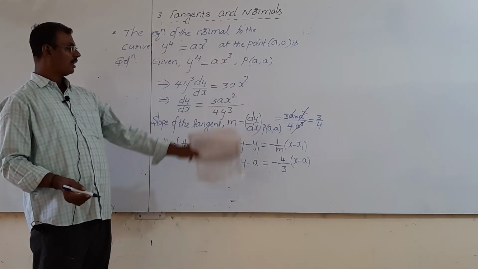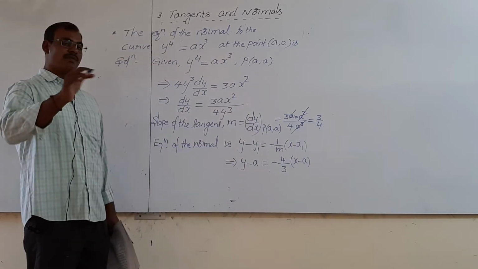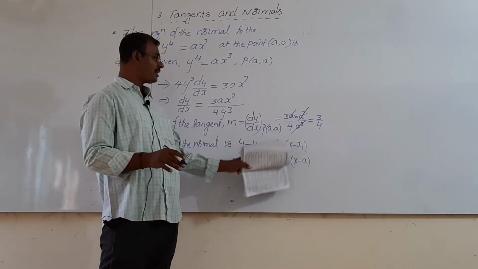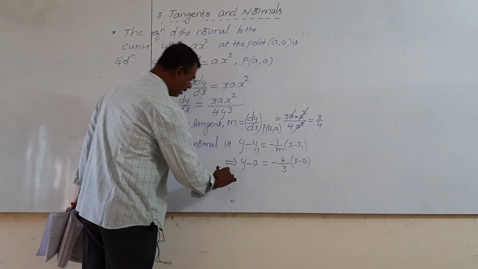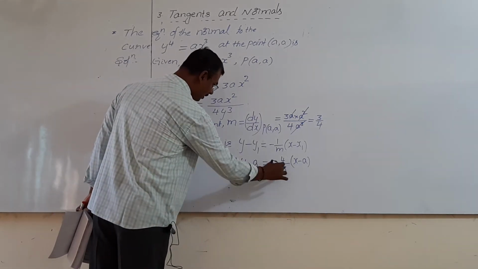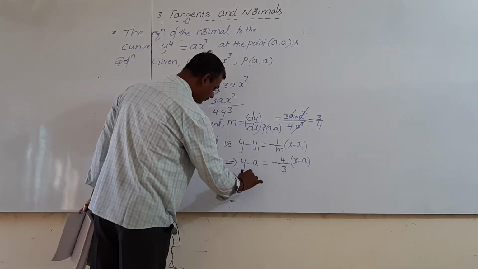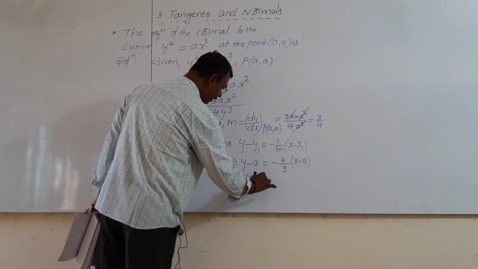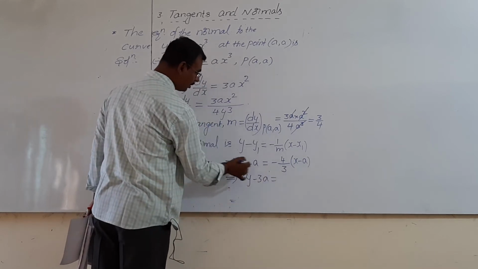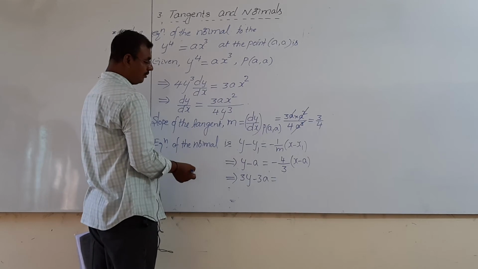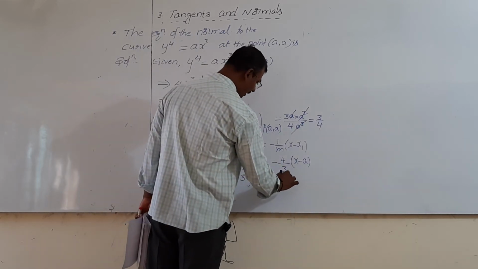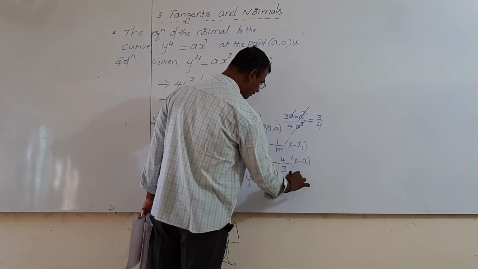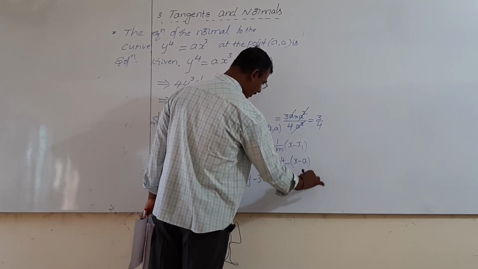M is equal to 3 by 4. Minus 1 by m is equal to minus 4 divided by 3. Now cross multiplying, 3y minus 3a is equal to minus 4x plus 4a.